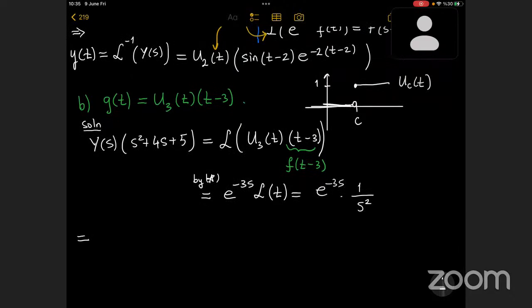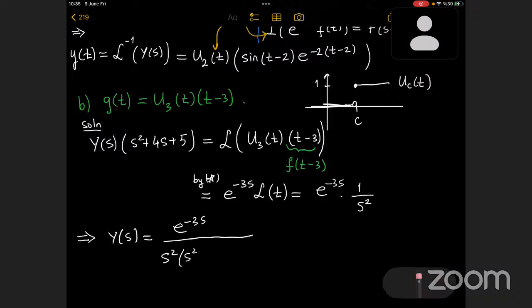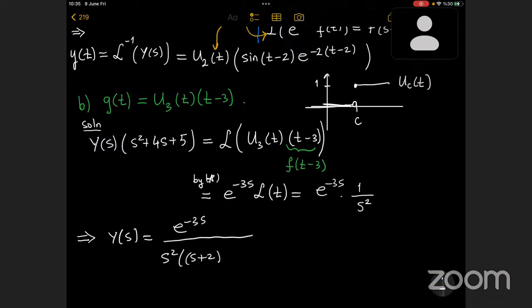Leave Y(s) alone here. So it's going to be e to the minus 3s over s square times (s square plus 4s plus 5), or maybe let's write it like in the previous case, (s plus 2) square plus 1.